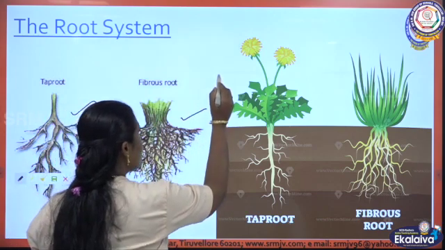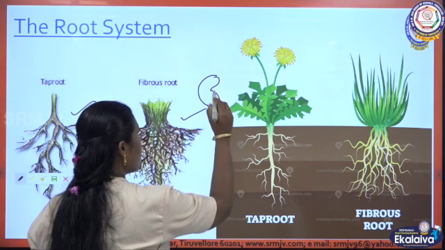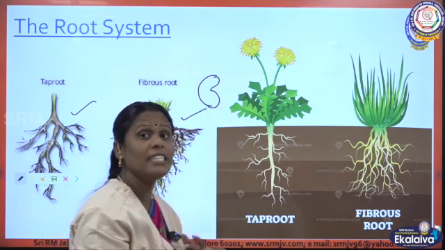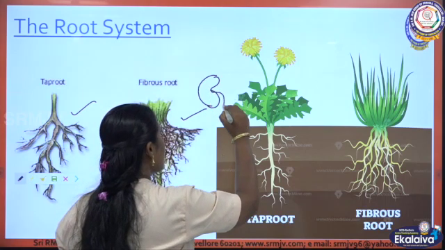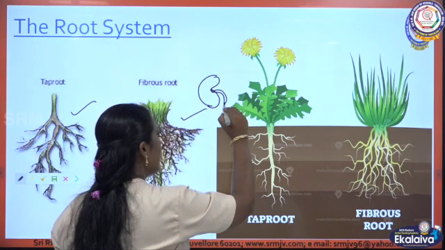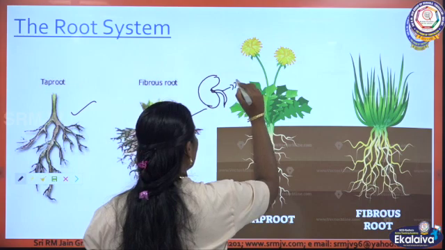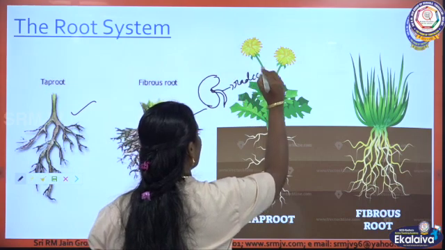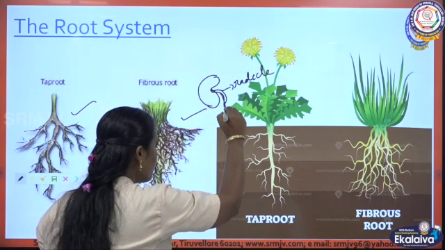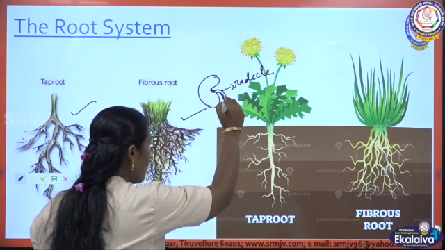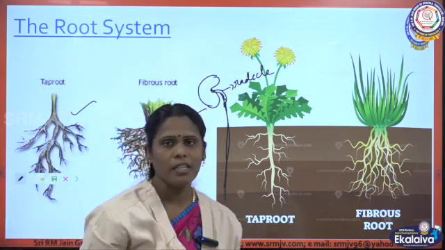You see, how is a taproot formed? See, this is the structure of a seed. When the seed germinates, the first part coming out of the seed is the radicle. This radicle grows deep into the soil in the taproot.